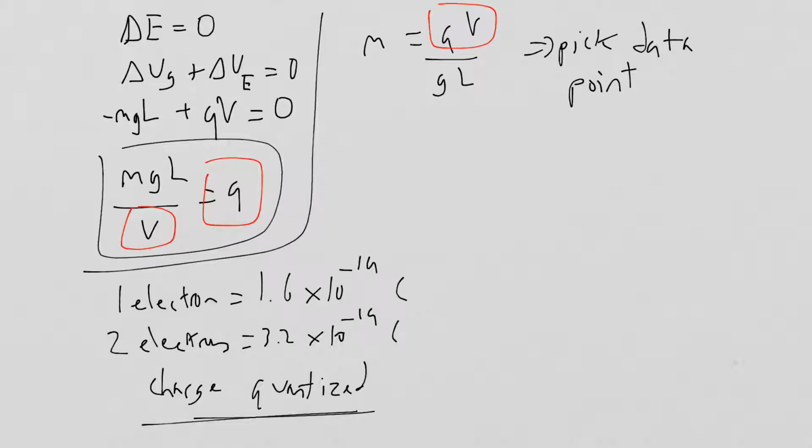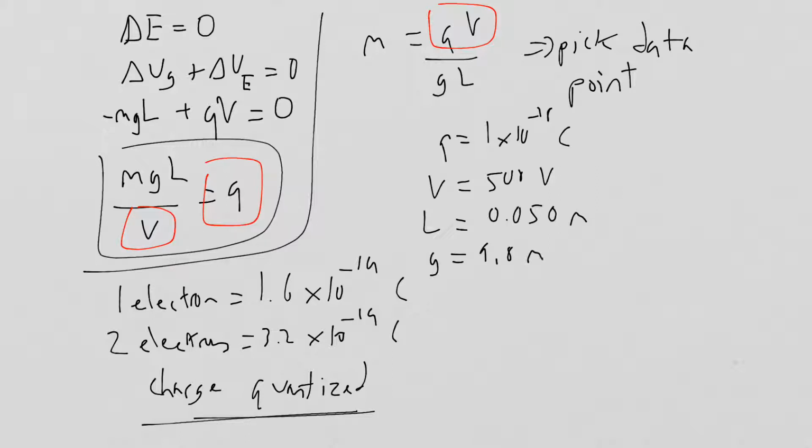So pick any data point. Something like Q equals 1 times 10 to the negative 18th coulombs, V equals 500 volts works. We're told L is 0.050 meters, and G is 9.8 meters per second squared.